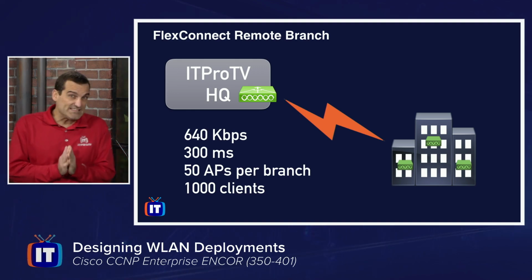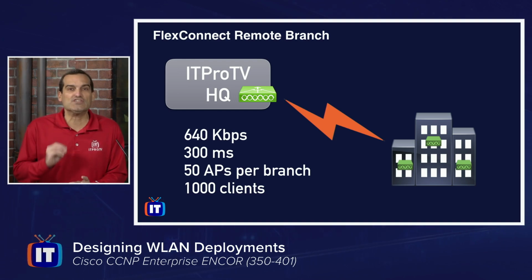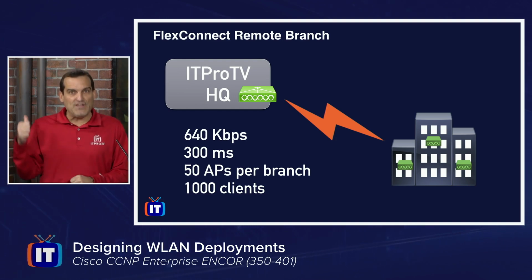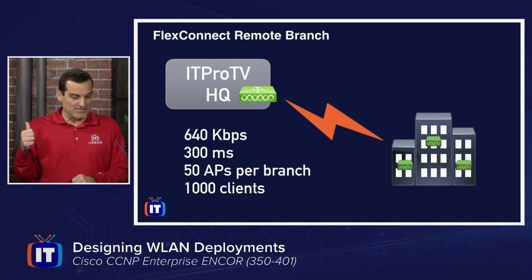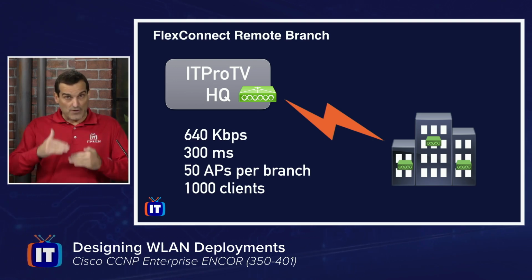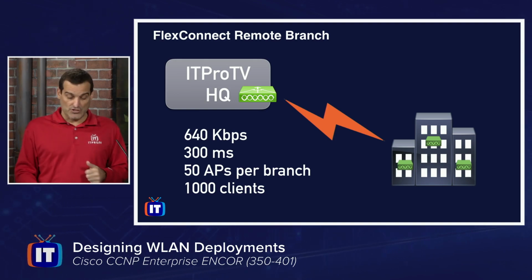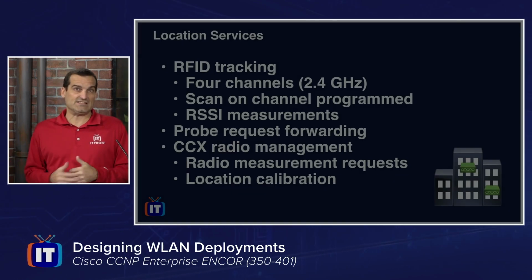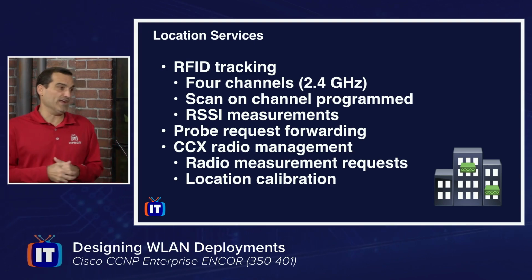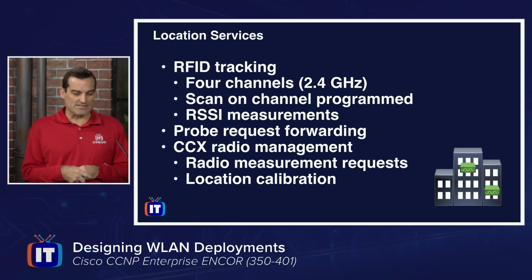So what that's saying is this solution would work even if you have that kind of round trip latency. That's pretty high. And you could scale this to 50 APs out in the branch and 1,000 total clients. So for a very small WAN circuit, we end up with some pretty good scalability numbers thanks to that FlexConnect remote branch setup.